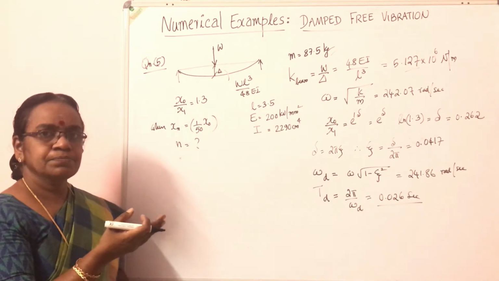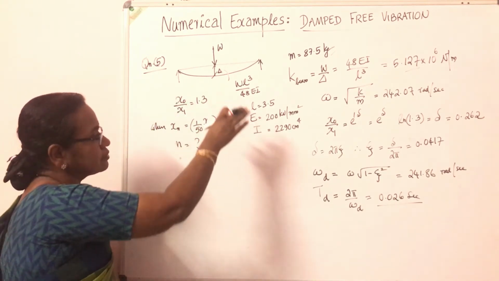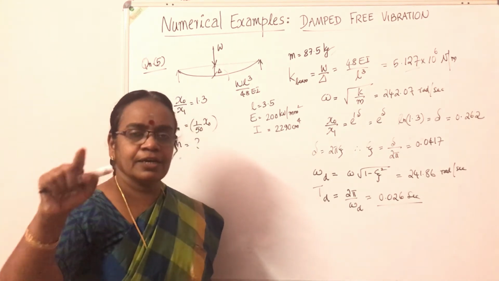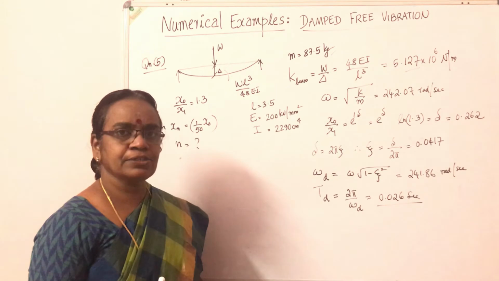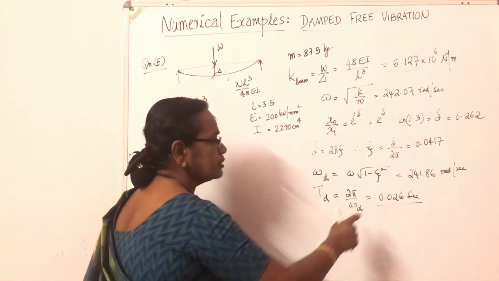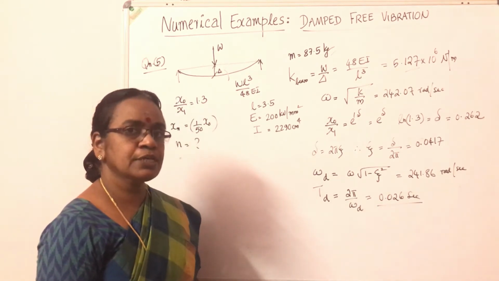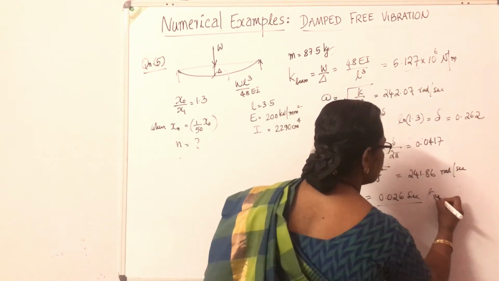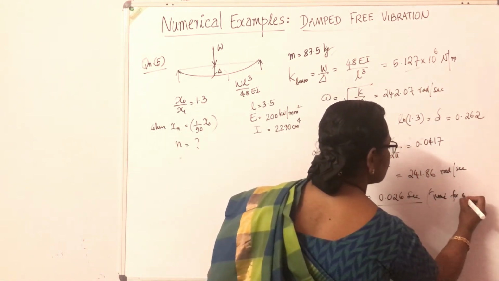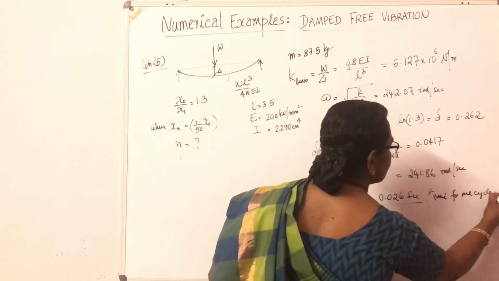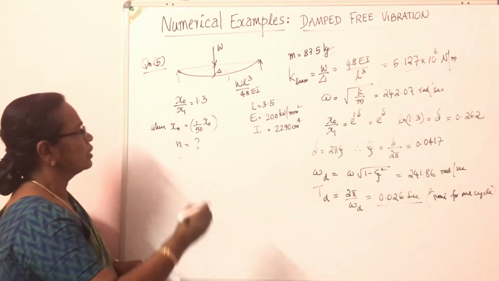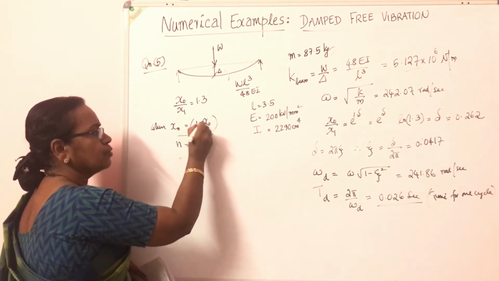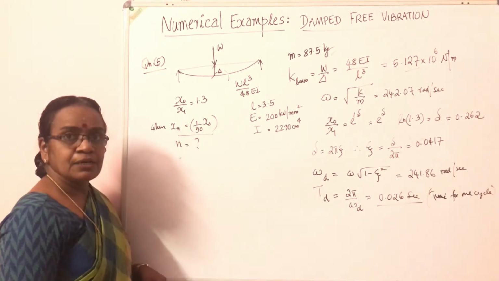For the system subjected to all these conditions, the time taken for one cycle in damped free vibration is 0.026 seconds. So time period means time for one cycle.